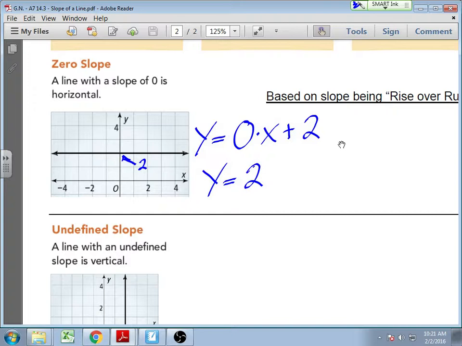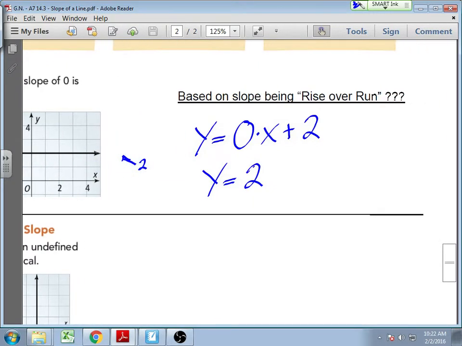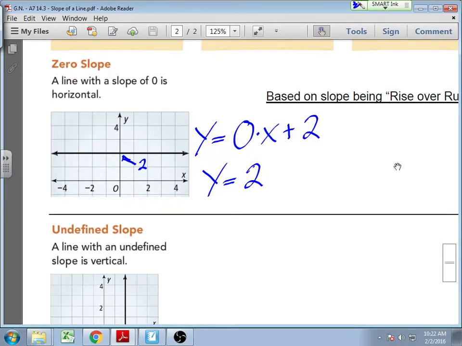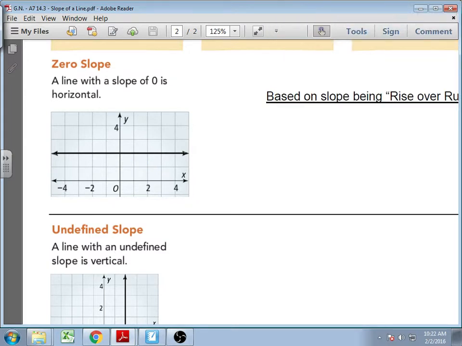Whenever you see a y equals, that indicates a horizontal line.